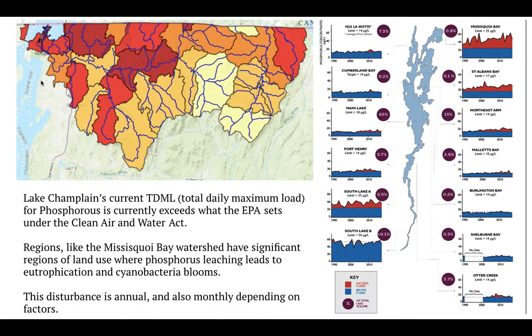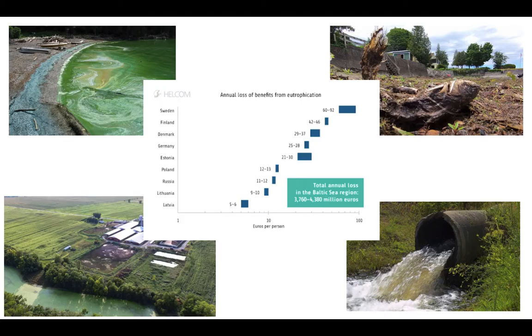These disturbances in terms of land use, the more red you are, the more extensively you're causing the problem, result in annual or monthly disturbances, which are influencing the biodiversity, the biogeochemical cycles, and also the aesthetics of these different water sites. And it's a problem that we have to fix. We're actually mandated by law to fix the water quality of Lake Champlain.